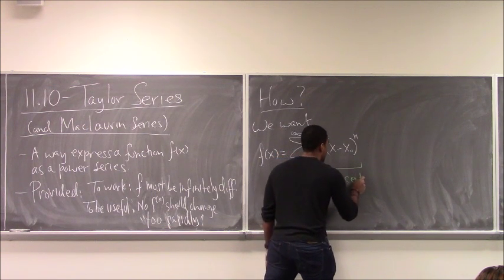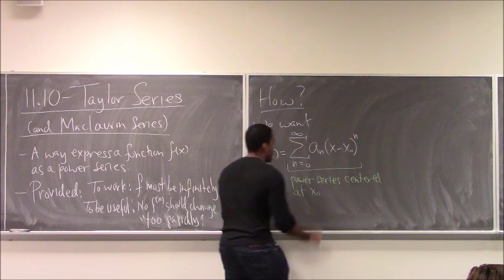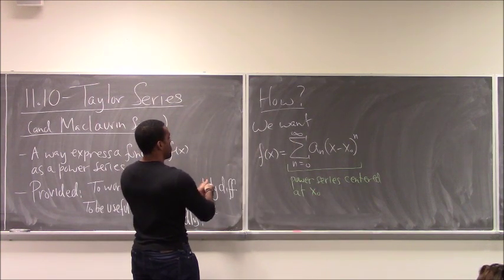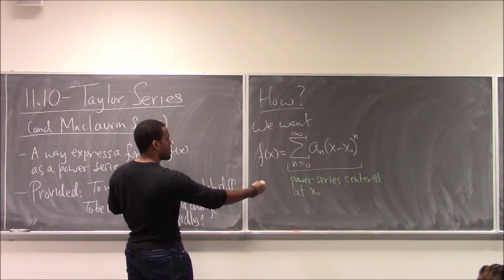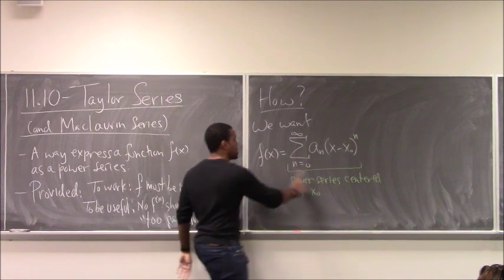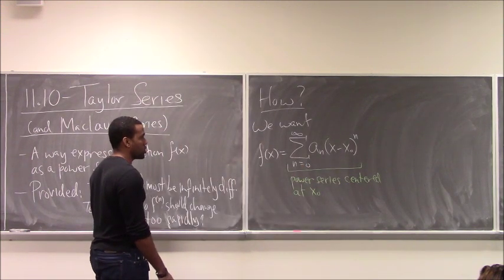So it's going to converge at x naught only, or on some finite window that you open where x naught is the center, or on the entire real line. This is going to make sense in one of those situations. But how do you actually go about constructing it?